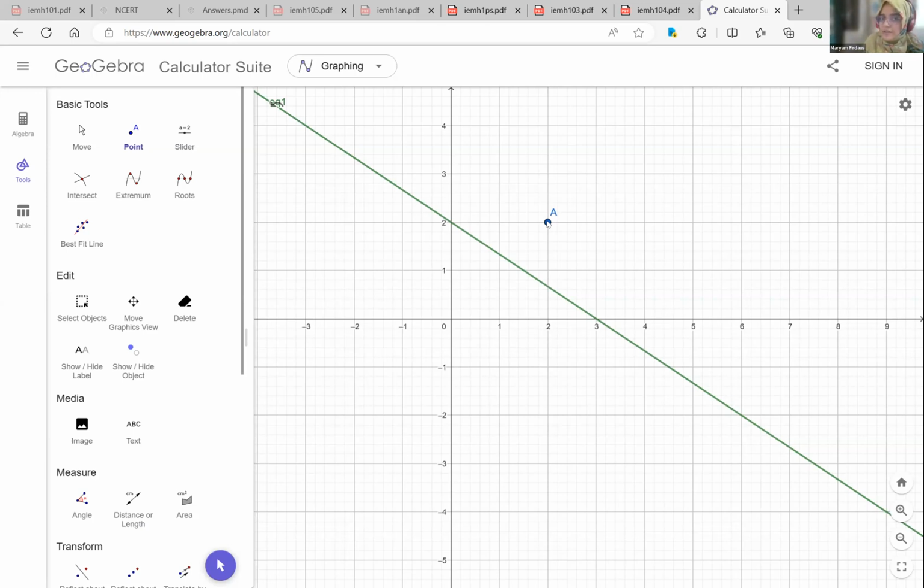So that means when you put the values of x and y as 2 and 2 in this equation, 2x plus 3y equals 6, it should not satisfy the equation. Just try it.